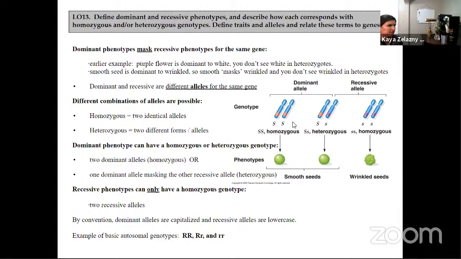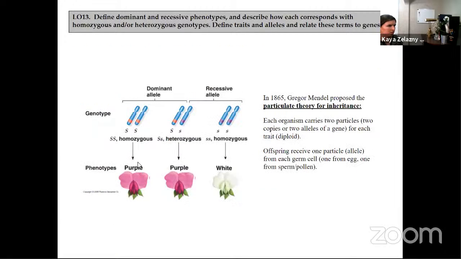In this previous example, if purple is our dominant allele, let's say the big S means purple, anytime we see that dominant allele, we will see the dominant phenotype, which is purple, but it can also cover a recessive allele. In this case, the little s is our recessive allele, which is white flower color.